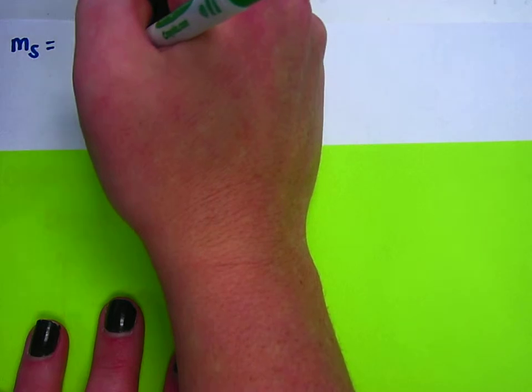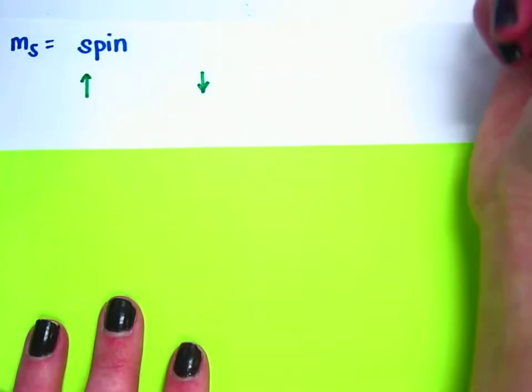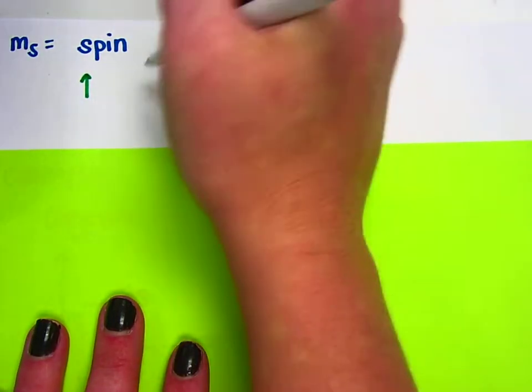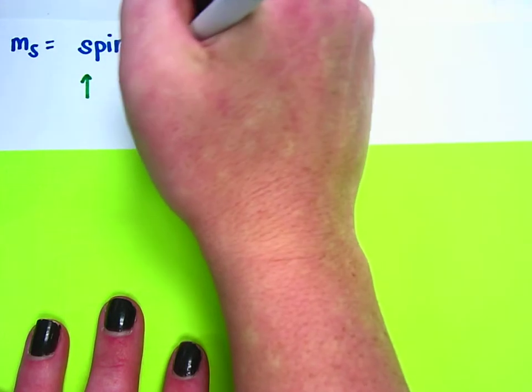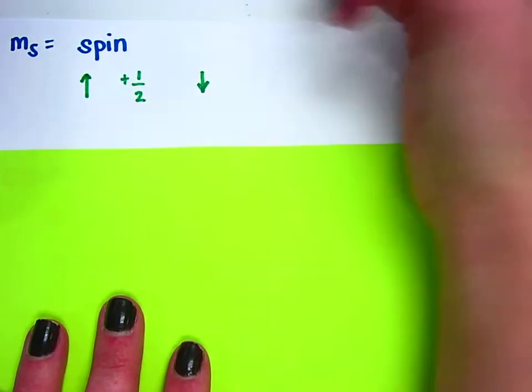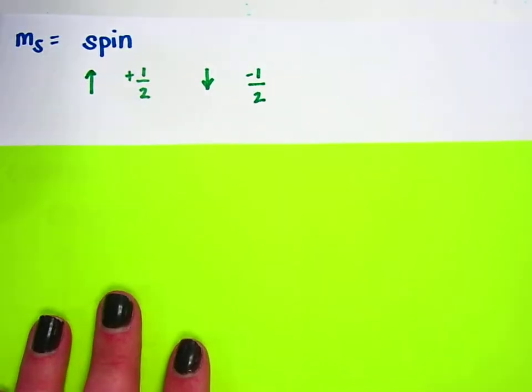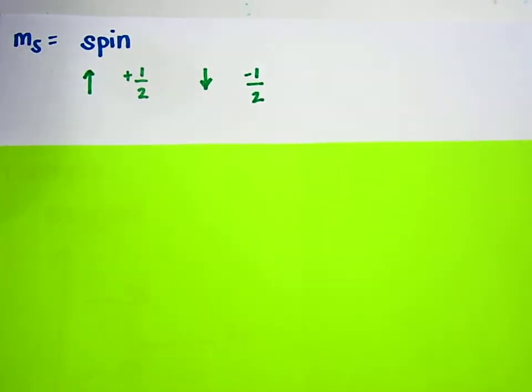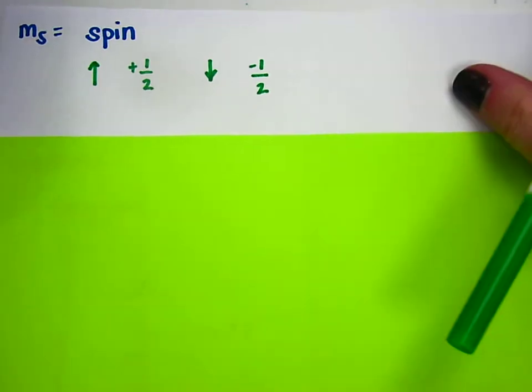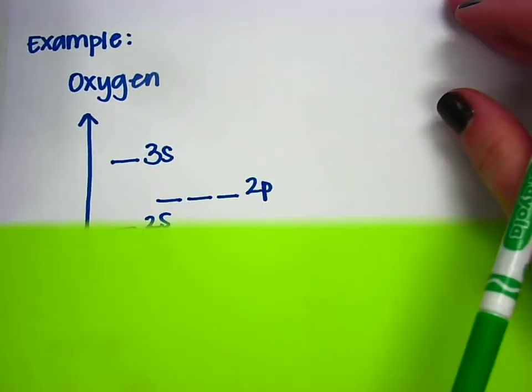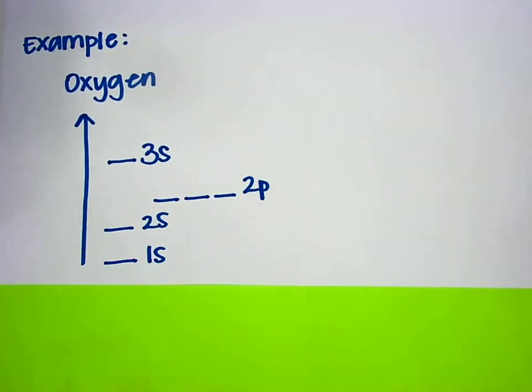Is the arrow going up, or is the arrow going down? If the arrow is going up, it will have a positive 1/2 spin, and if the arrow is going down, it will be -1/2. Okay, so now what we're going to do is we're going to put all that together. I'm going to give you a second to draw the electron configuration for oxygen.